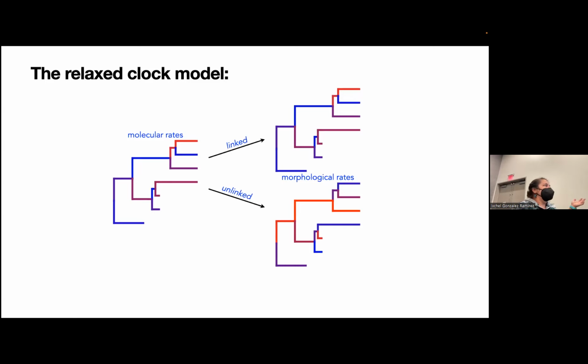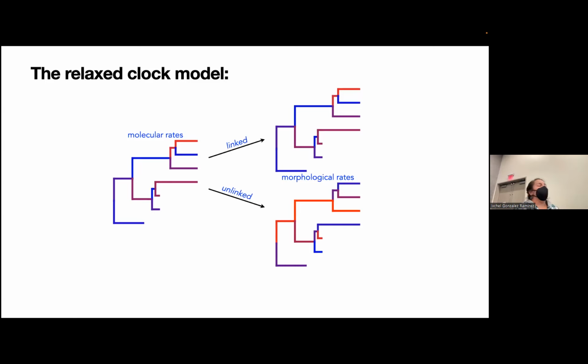In that case, I would like to have a clock that is linked, right? But I could also think that maybe that's not the case. Maybe morphology doesn't necessarily change at the same rate as molecules, and then I may want to try an unlinked clock, right?